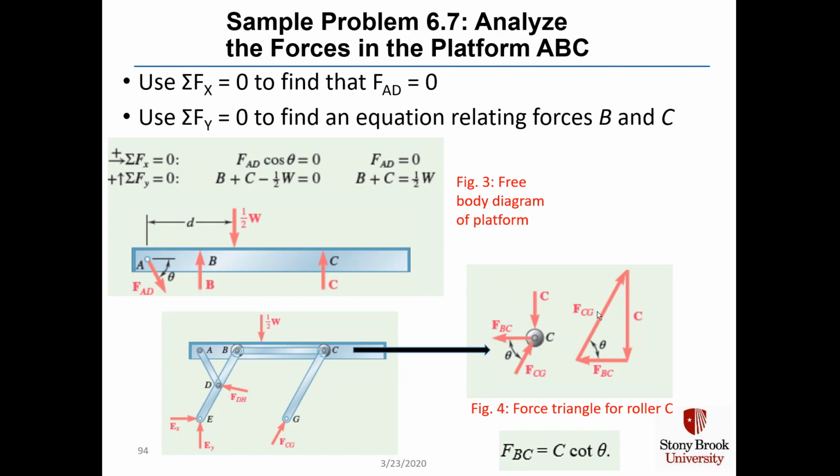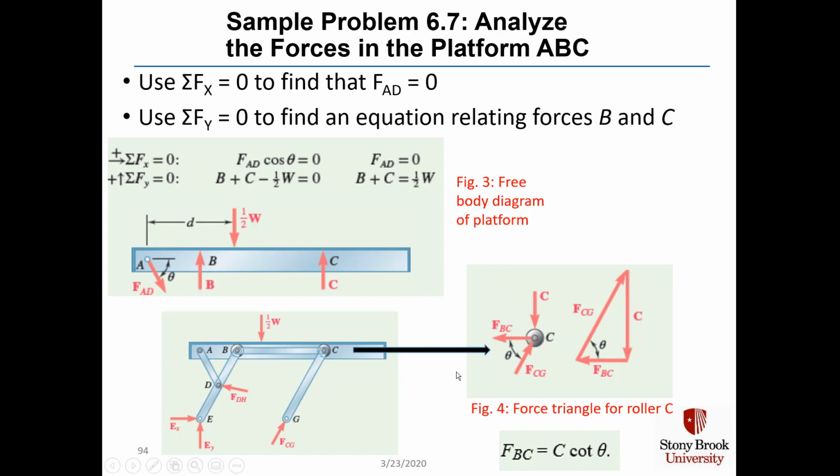And when we sum the y forces and set it to 0, we get an equation that relates forces B and C. B and C point up, and they have to be equal to this 1/2 W force of the crate that is acting down.